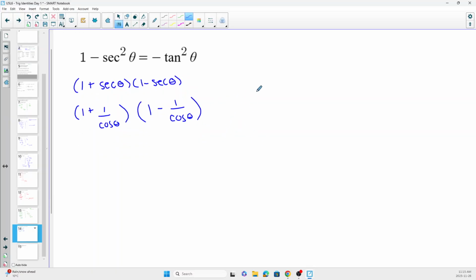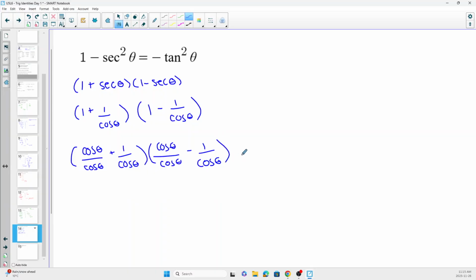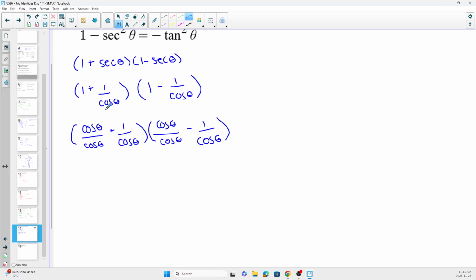We need to clean this up, so we need a common denominator. So we could rewrite this as cos theta over cos theta, because that's just 1, plus 1 over cos theta. And again, cos theta over cos theta minus 1 over cos theta. So now we can simplify what is here.